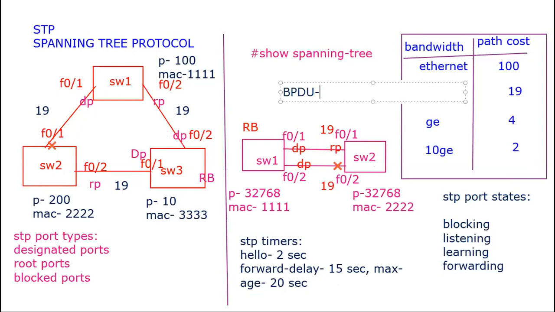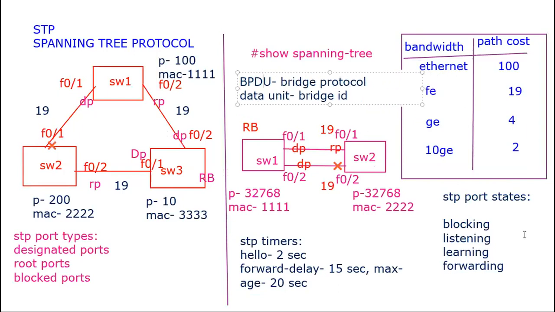So BPDU is Bridge Protocol Data Unit, which is exchanged between the switches and contains the bridge ID. Using this information from the bridge ID, the switches do the election process.